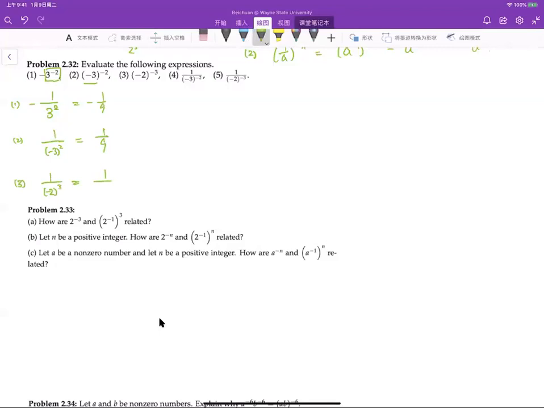This time you multiply negative 2 three times. Yeah, it's negative 8. Good. Then what's the result in this case? The result is negative 1 over 8. Very good. All right, so anyone wants to do number 4 and number 5?